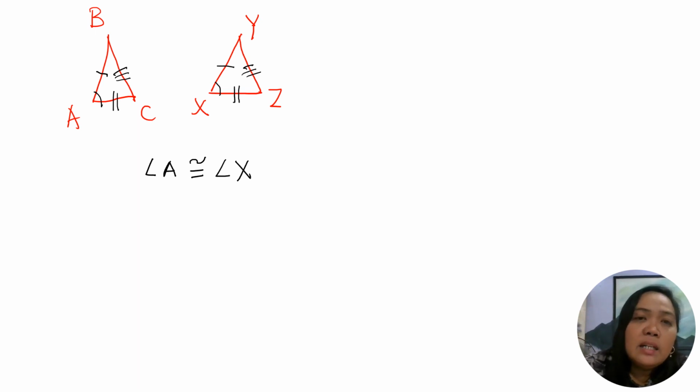And angle A here, angle B here also coincides with angle Y. Angle C coincides with angle Z. Therefore, since all the sides of triangle ABC coincide with all the sides of triangle XYZ, then we can say that they have the same shape, they also have the same size.